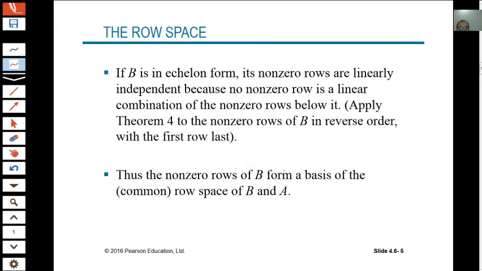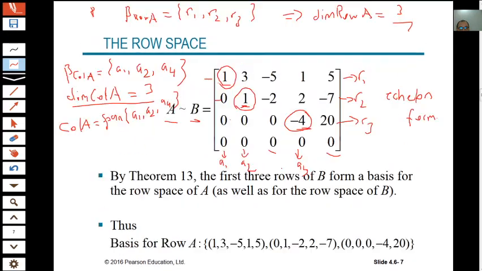When we write a basis for the column space of the matrix A, we do not take these ones.